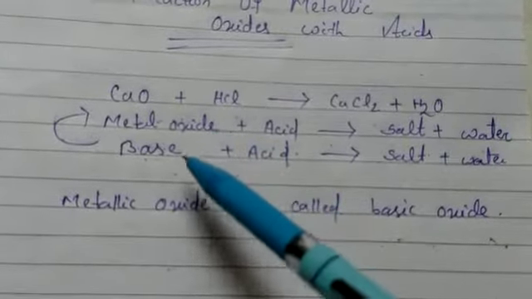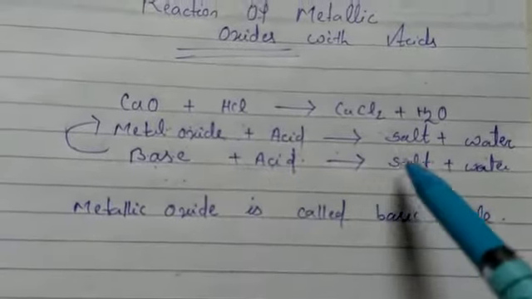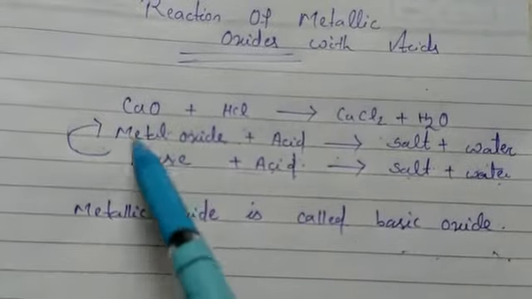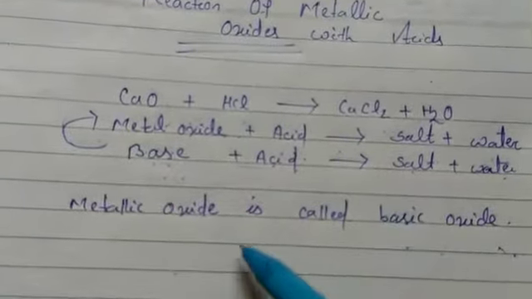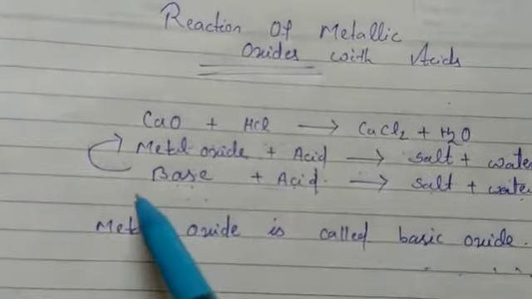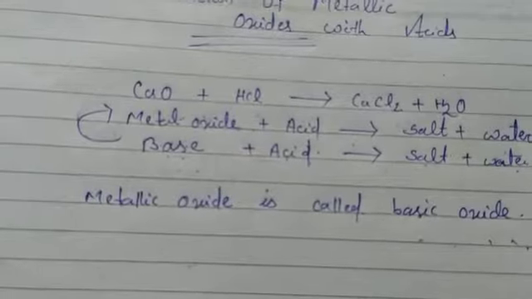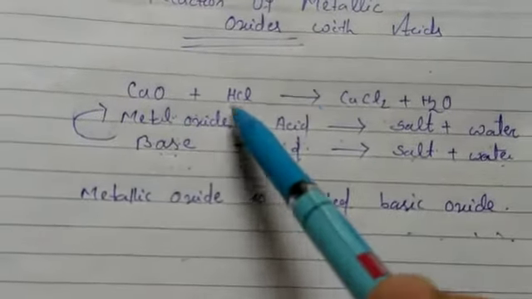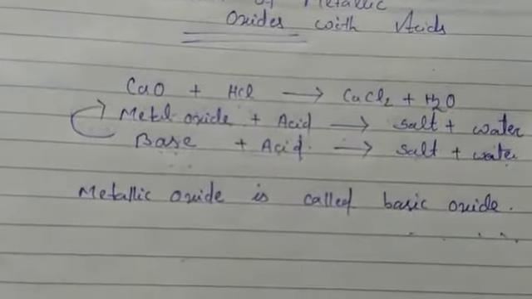This is quite similar to the reaction of acid and base, which also gives salt and water. Since metal oxide is used instead of base in these reactions, all metallic oxides are basic oxides. An example is copper oxide plus hydrochloric acid, which gives copper chloride and water.